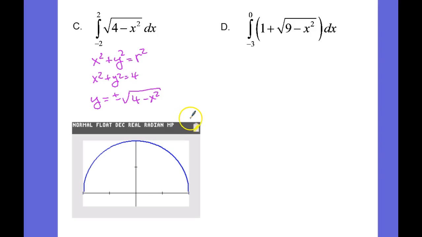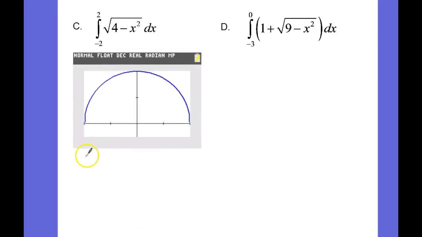So, by the way, let me get rid of this, move my graph up, and let's actually do the integral. All right, so we have the definite integral from -2 to 2 of the square root of 4 minus x squared dx.